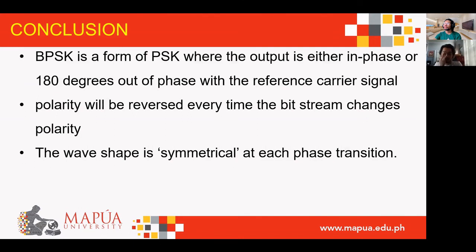As we saw in the output graphs earlier, when the binary input transitions from low to high, the polarity is reversed, every time it changes from high to low, or vice versa, low to high. Then the wave shape is symmetrical at each phase transition.